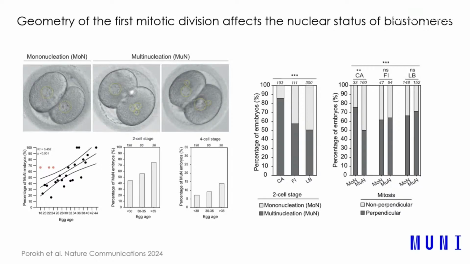And we saw that the phenotype of multinucleation actually increases with female age. This is maybe somewhat in contradiction to what was told in the first lecture today, based on the genomics data from trophectoderm biopsies. But we see that in older eggs, you tend to have more multinucleation, which would probably hint at missegregation.